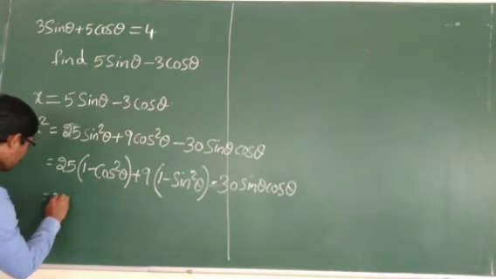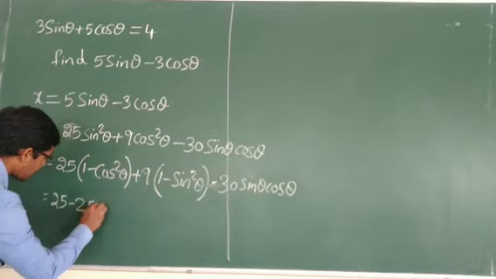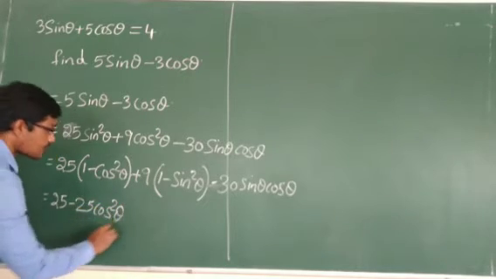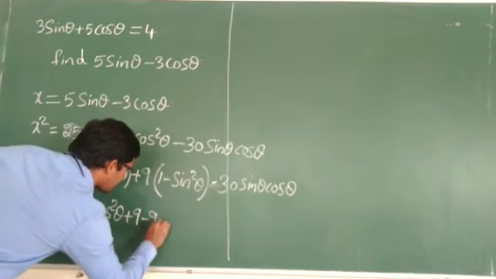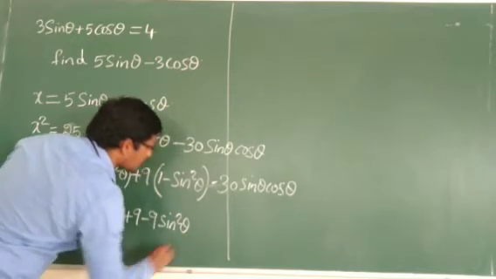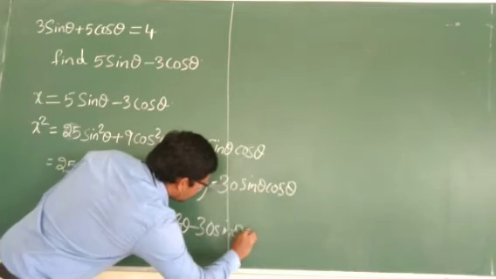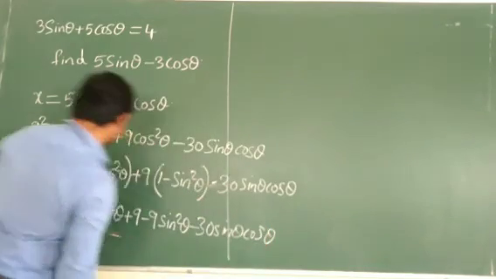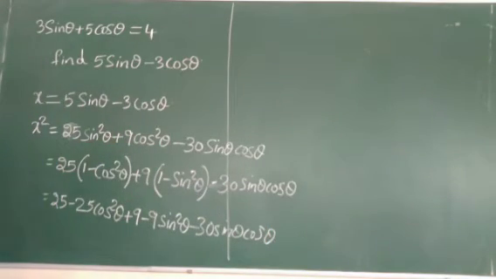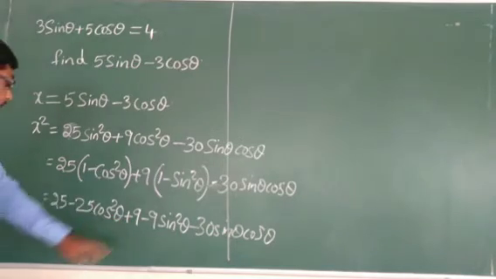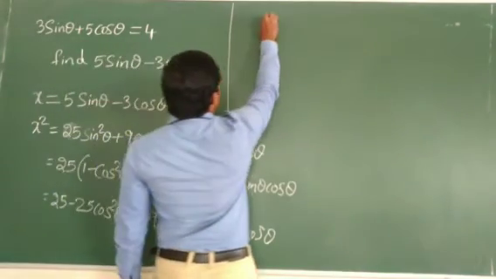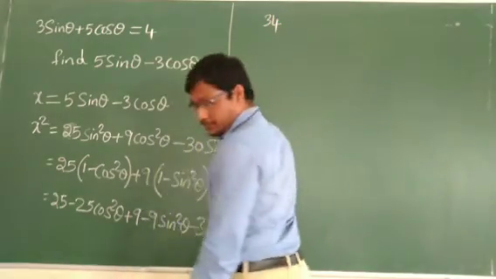Now this is equal to 25 minus 25 cos square theta plus 9 minus 9 sin square theta minus 30 sin theta into cos theta. So 25 plus 9, that is 34.